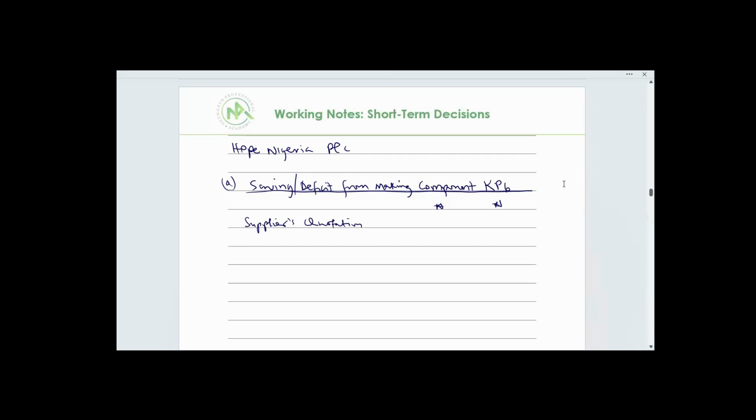I will then go back to the question: what is the supplier's quotation? We are told in the question that Hope Nigeria PLC is considering whether to manufacture or purchase a particular component KP6. This will be in batches of 40,000 and the buy-in price will be 26 naira per unit.